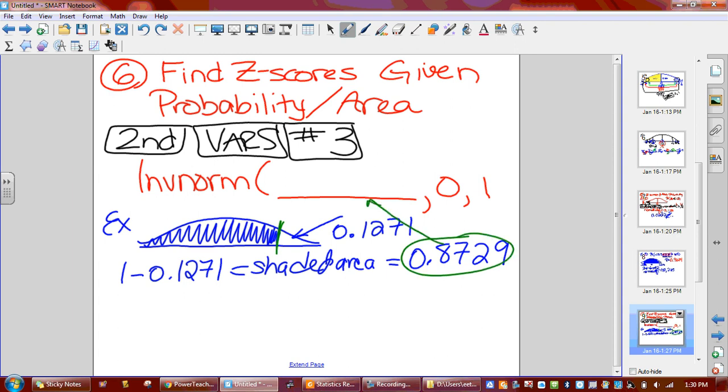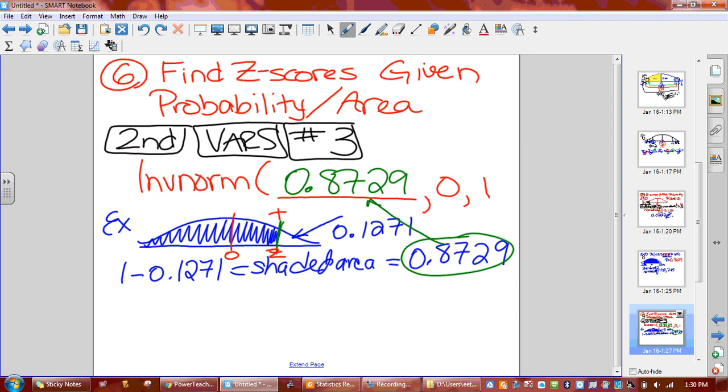So our number is 0.8729, and that's going to give us our Z score. That tells us where it's located on the graph. Now remember, if 0 is right about here, this Z score has to be a positive number because it's on the right-hand side of 0 on the number line. So you have to logically think where it's located.